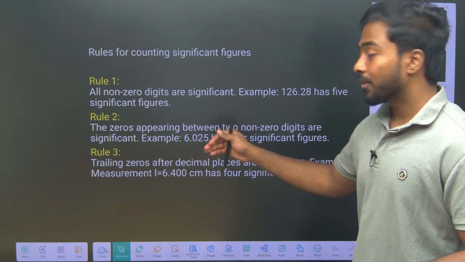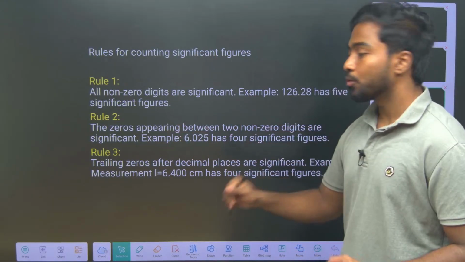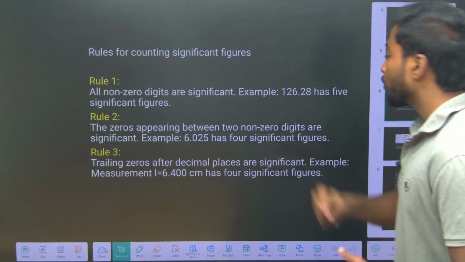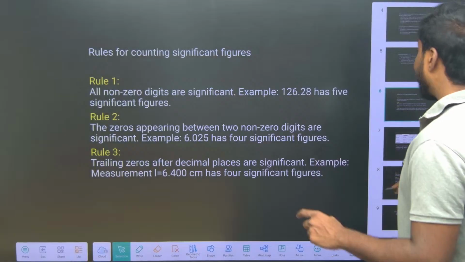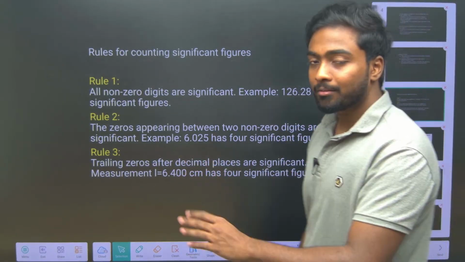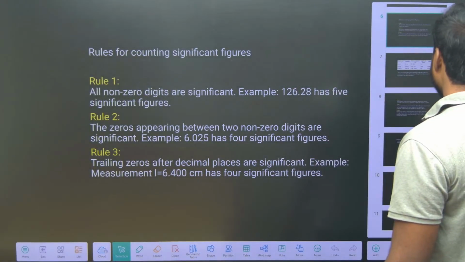Zeros are not significant, but if a zero occurs in between non-zeros, it is significant. That is rule number 2. Rule number 3, trailing zeros after decimals are said to be significant, but if decimal is not there and trailing zeros are there, they are not significant. That is rule number 7. We will see that.